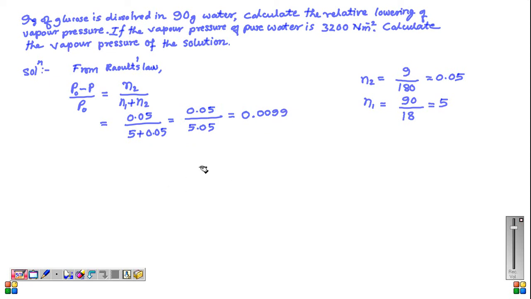So this is the relative lowering of vapor pressure, that is P naught minus P upon P naught, which is equal to 0.0099.